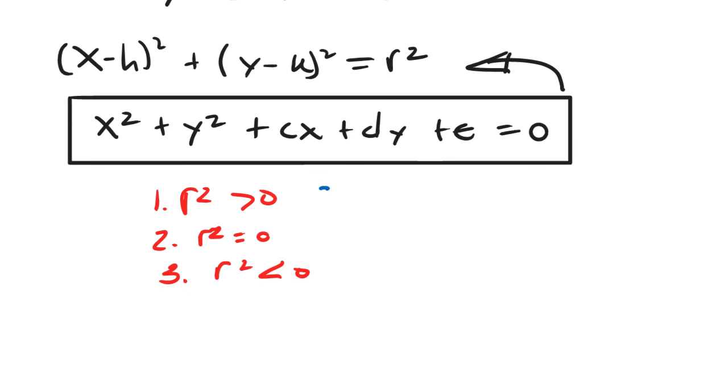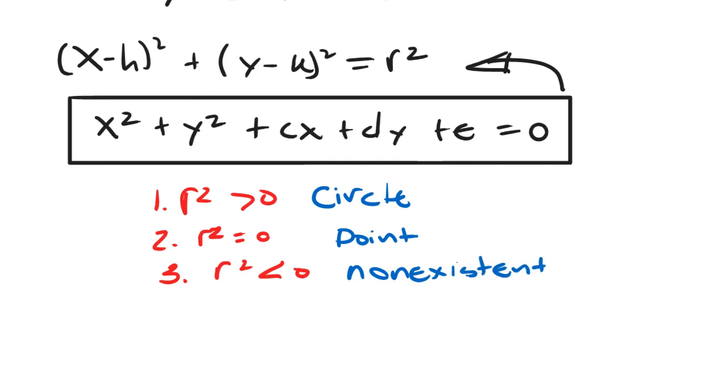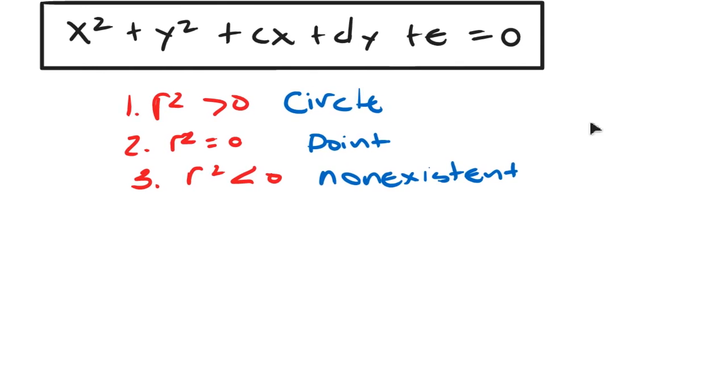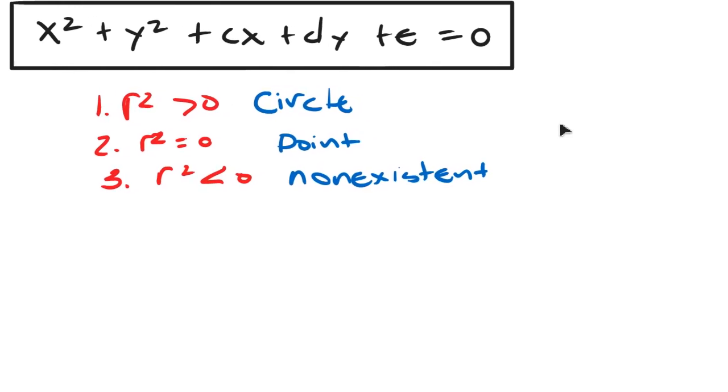What are the 3 cases? Well, you could have a circle, you could have a point, and you could have what we'll call a non-existent circle. So what we'll do is look at the general form of a circle, and then see if we can go from one form to the other.